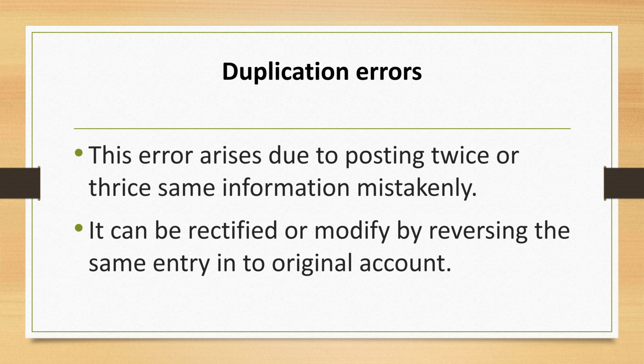Income may be recorded twice, once in the debit side of profit and loss account, and again in the debit side of trading account. Expenses are recorded on the credit side. In order to compensate that error, again they record on the debit side. Again in profit and loss account, they mistakenly consider it as a current asset. Like that, the same entry is recorded in different accounts. It can be rectified by reversing the same entry in the original account. That is the only solution.